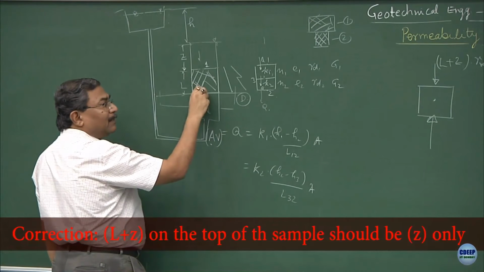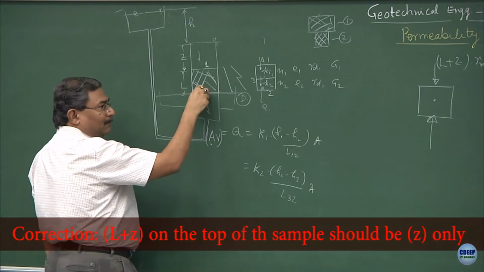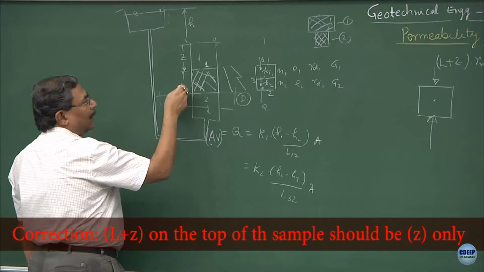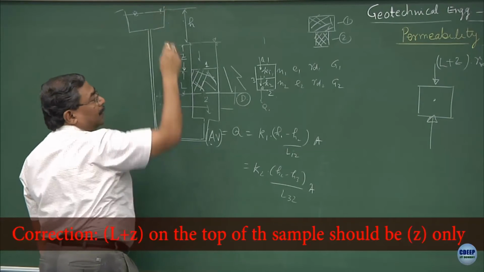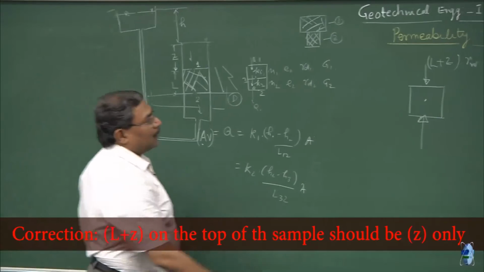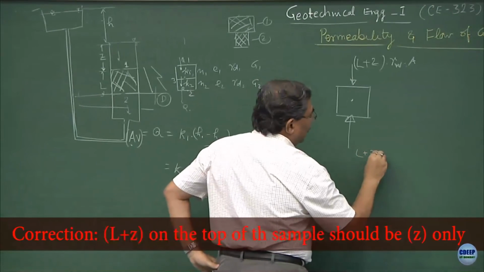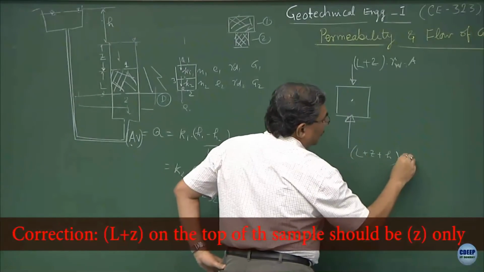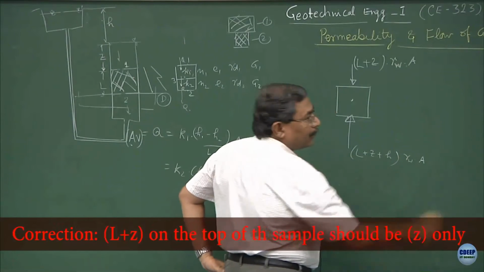What is the pressure head? If you connect this to the piezometric column, what is going to happen? L plus Z plus H. This surface is connected to the atmosphere here. So this is (L plus Z plus H) gamma W into A.